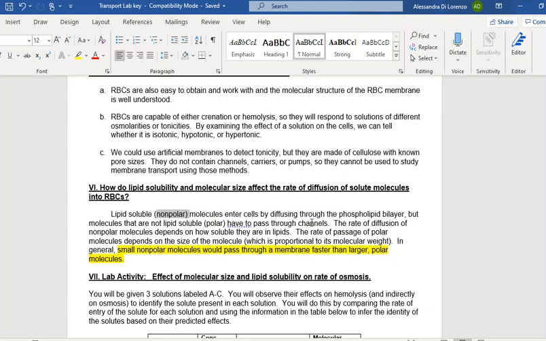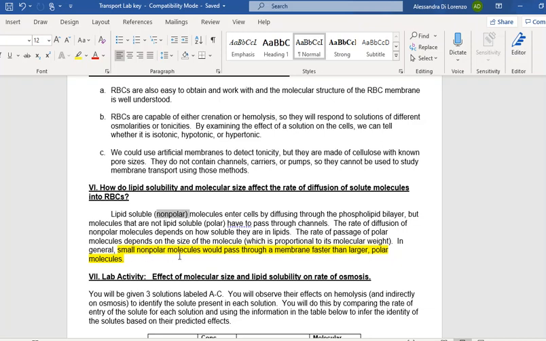But polar molecules have to pass through channels. And the rate of diffusion of non-polar molecules depends on how soluble they are in lipids, because not all non-polar molecules have the same solubility. And of course, their size is also important in this consideration.